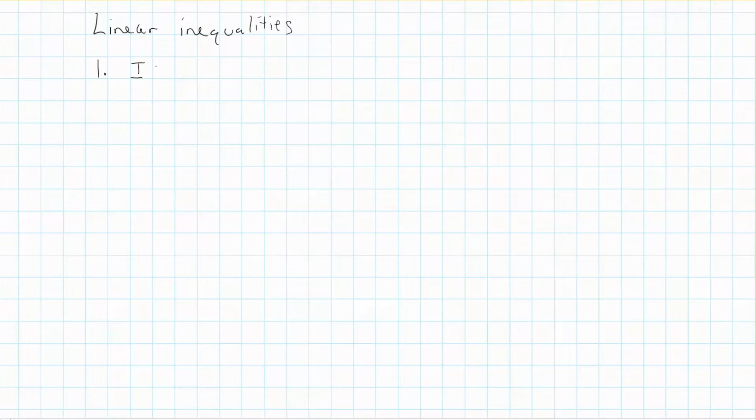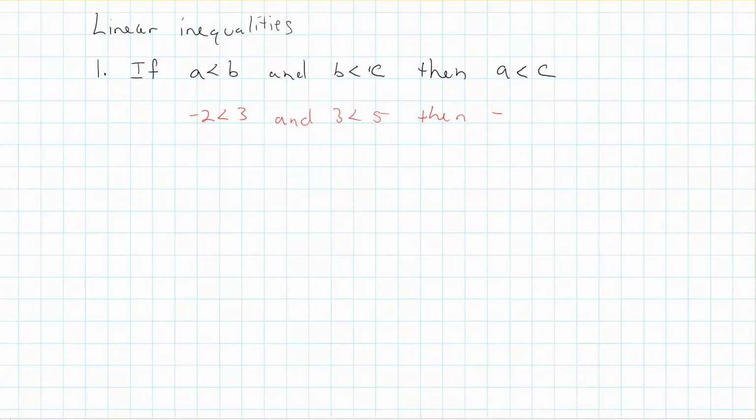Well, if A is less than B and B is less than C, then A is less than C. And that's just saying, for instance, if you have numbers, negative 2 is less than 3, and 3 is less than 5, then negative 2 is less than 5.